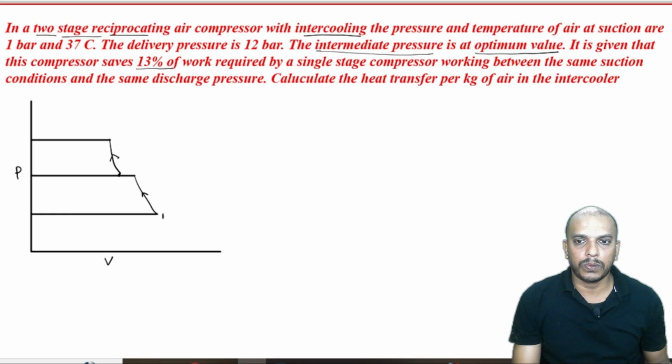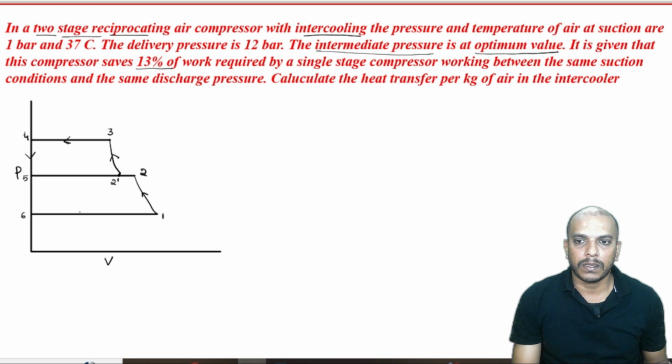So, now 1 to 2 we can call that as first stage compression, then 2 to 2 dash is intercooling, then 2 dash to 3 is our second stage compression, then 3 to 4 is our delivery in the second stage, and we are coming back to the initial pressure by the process which we are denoting here.